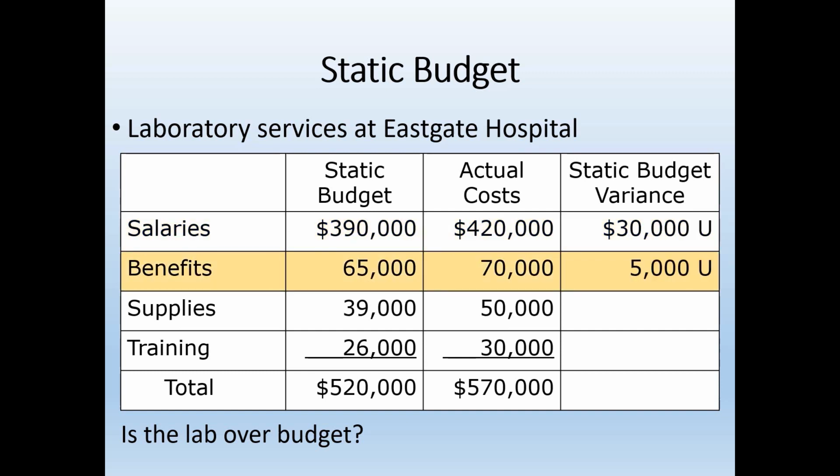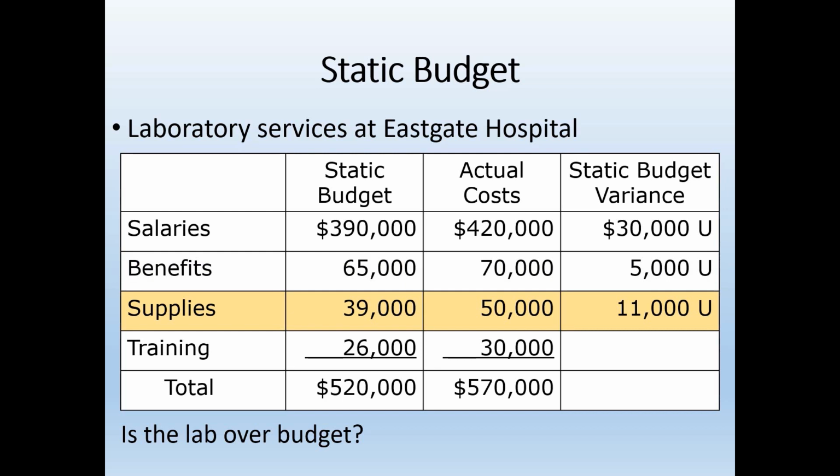We can do the same thing for benefits. It actually cost the laboratory $5,000 more than was predicted in the static budget, and we mark that as unfavorable. It cost more than expected.